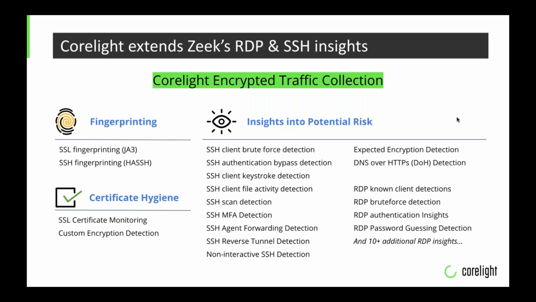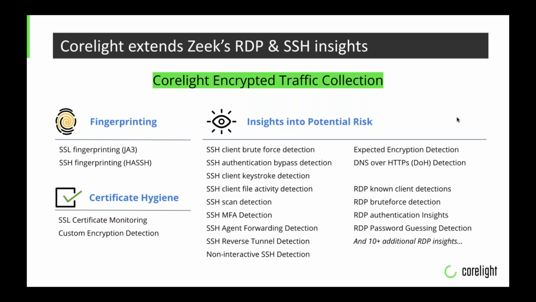And so those insights you see into potential risk on the right-hand side are just a sampling of some of the insights you get with Corelight. But you can see that we're talking about dozens and dozens of insights into SSH and RDP connections that can help you as a security analyst potentially find one of the aforementioned attacks that we've discussed at the beginning of this presentation around SSH and RDP. So for example, Corelight has an SSH client brute force detection capability built into our products. We're going to alert you when we see evidence of brute force activity.